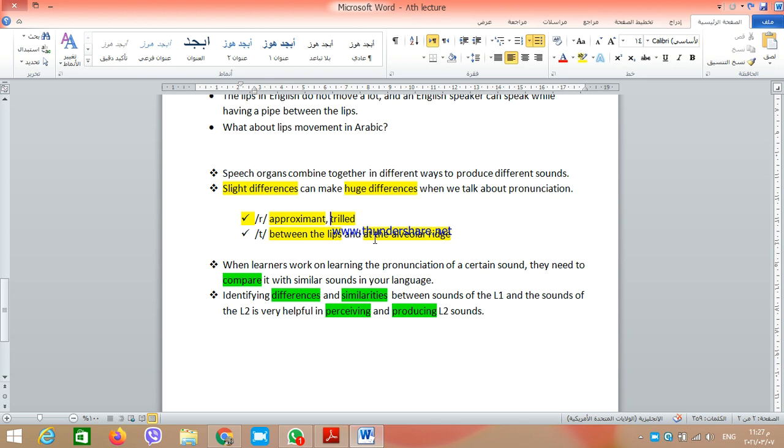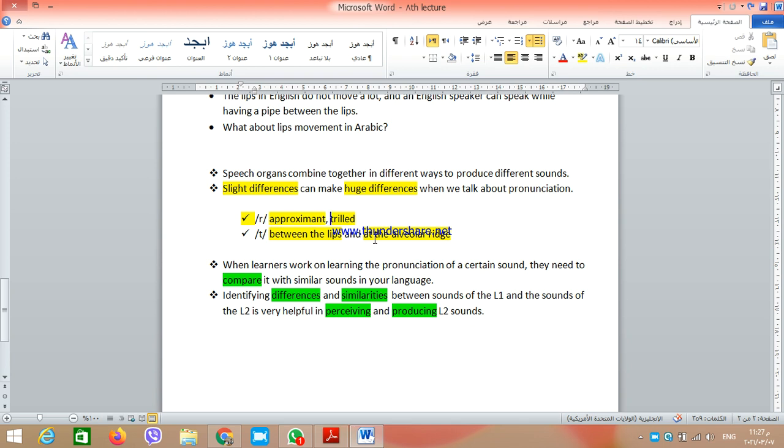Approximant ra is pronounced like this, ra, read, while trilled ra is pronounced like read, read. So try to familiarize yourself with the approximant pronunciation of ra, not the trilled one, because this is the one we need in English.